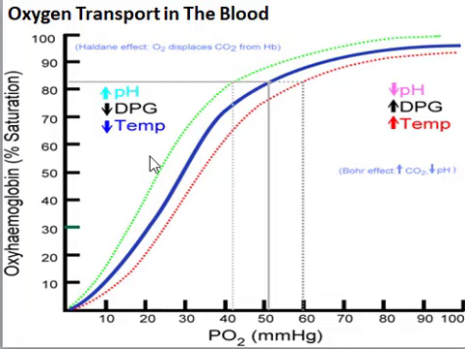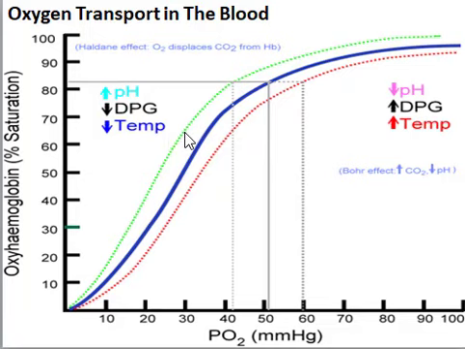When the curve shifts to the left, this is the green color. This is the normal, or the baseline, and this green is shifted to the left. What factors can shift the curve to the left?